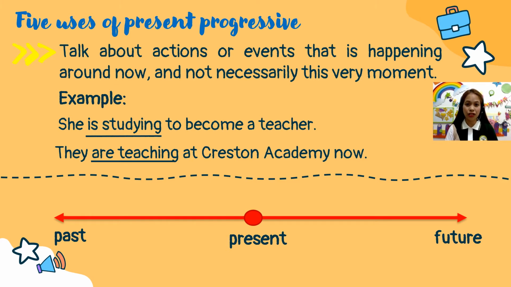In English, now means today, this week, this month, or sometimes we use the present progressive to say that we are in the process of doing a longer action, which is in progress. However, we might not be doing this at the exact time. Alright?